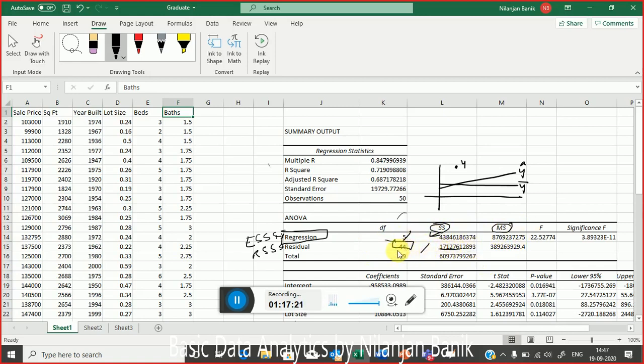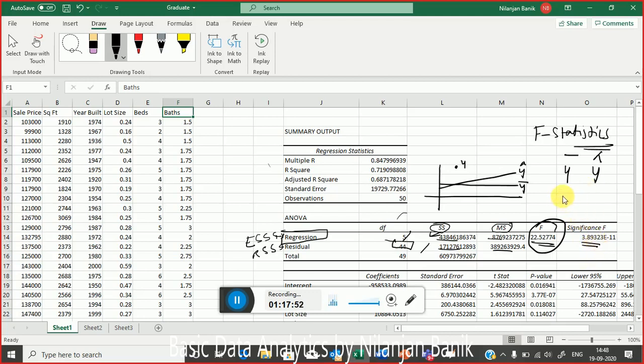That means if you divide by 44 you get this, and if you divide by 5 you get this. And the F statistic, which is saying whether I should go for y bar or I should go for y hat, is determined by the F statistic. This is taking this value. Okay. And here, as you can see, the F statistic is highly significant.